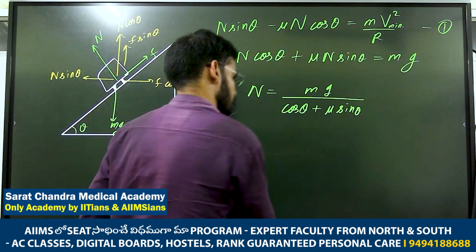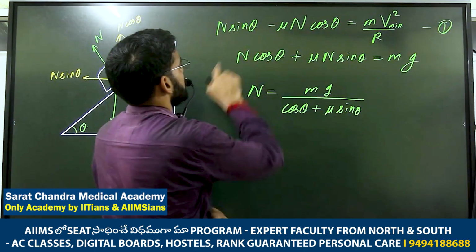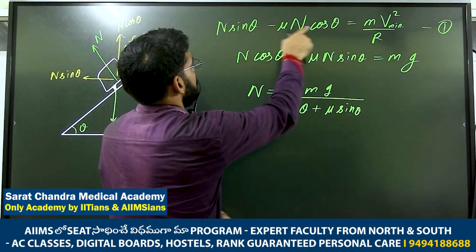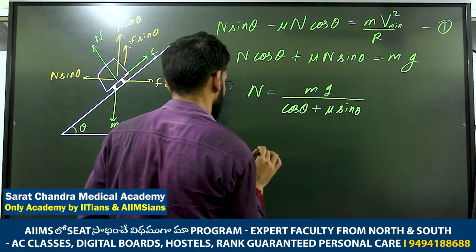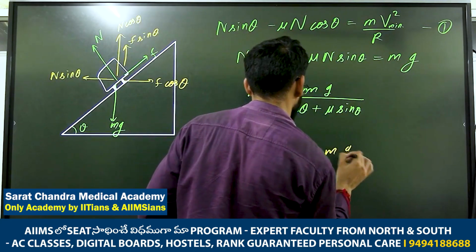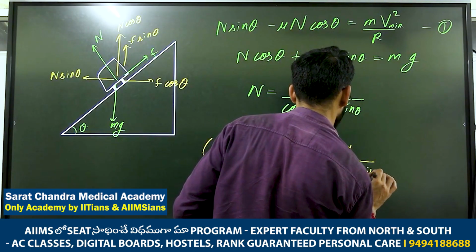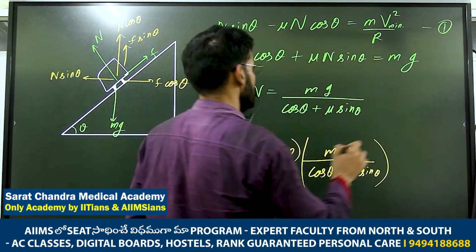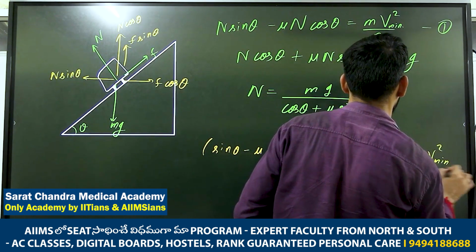Okay. So now understand. This normal value put here. So normal take common, what is remaining? Sin theta minus mu cos theta. So sin theta minus mu cos theta is there already into normal. Normal is what? mg by cos theta plus mu sin theta, equal to m v minimum square by r.